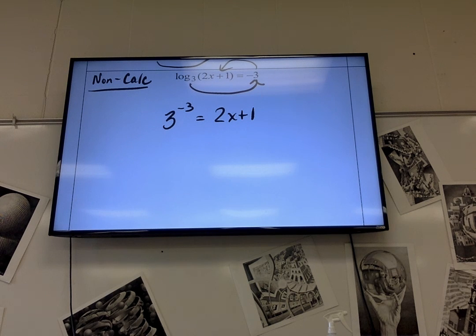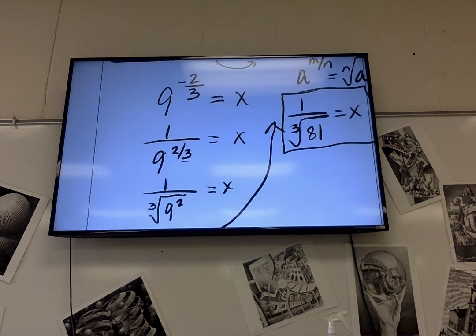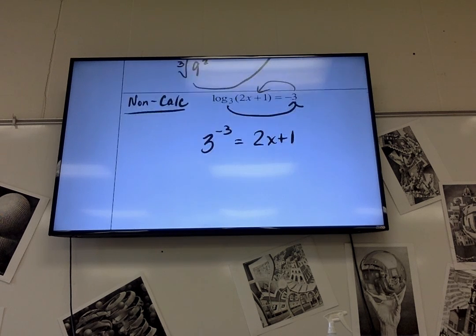How can I rewrite 3 to the negative third, Kendrick? 3 to the negative 3rd? Yeah. How can I get rid of the negative? Give you a hint. How do I get rid of this negative? Yeah, flip it.